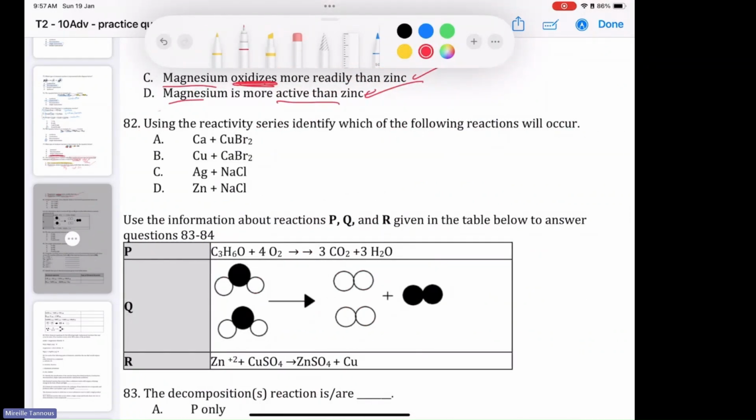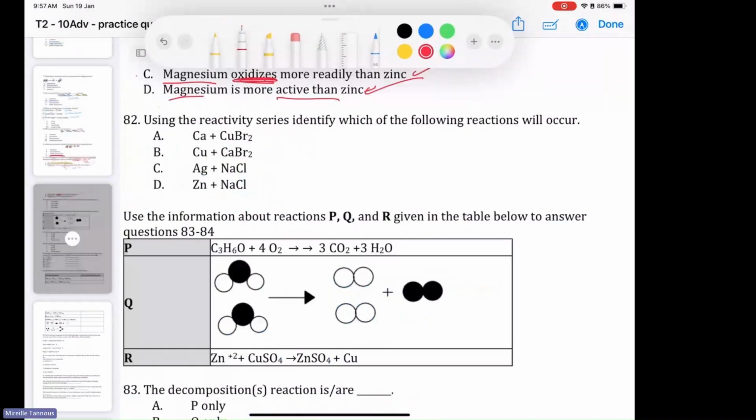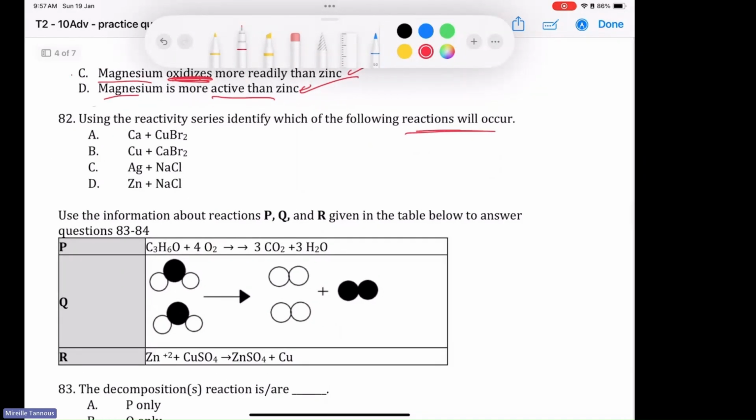Using the reactivity series, identify which of the below will occur. Okay, so I'm going to copy here next to this one the elements from the reactivity series to make it easy for you because I don't want to keep on going with the pages.